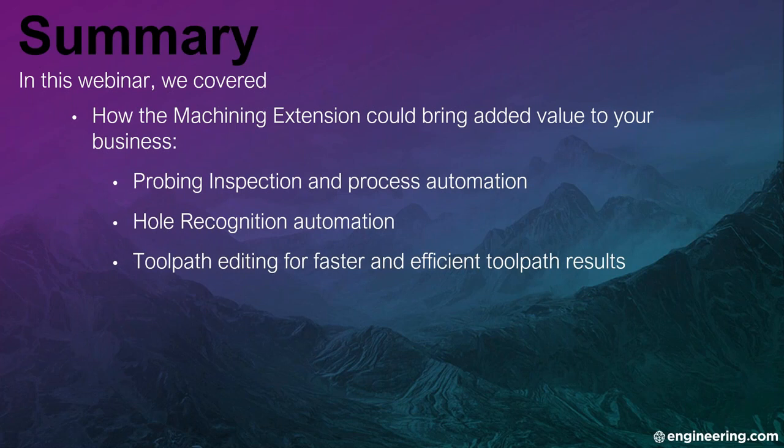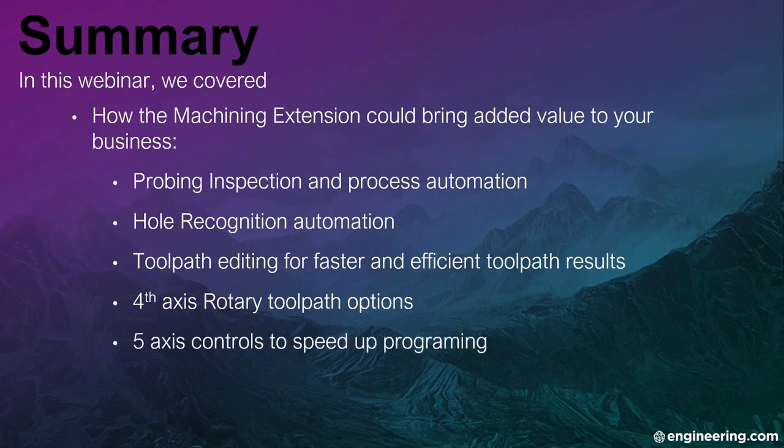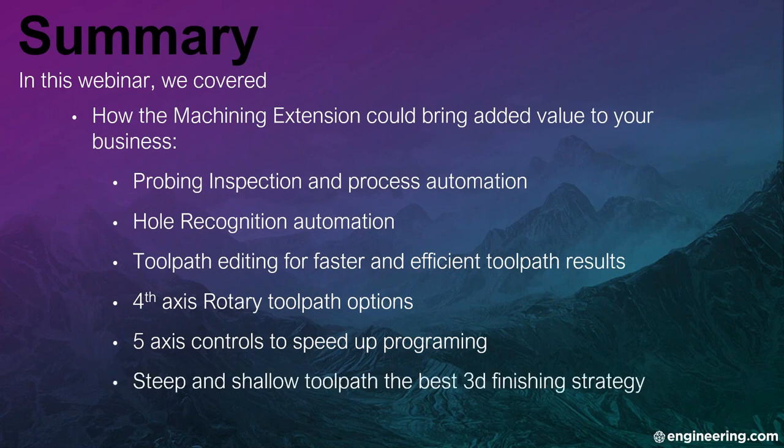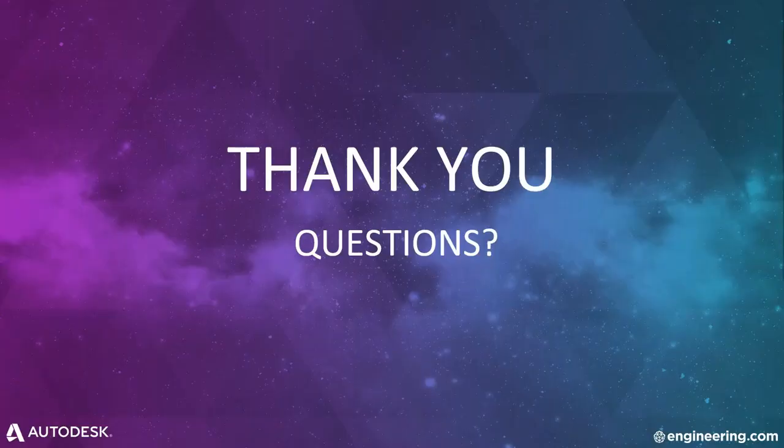I think we all saw that. And then the 4-axis rotary toolpath options, the 5-axis controls to speed up programming with tilt and turn and some of the options that I just showed you. And then last but not least, steep and shallow, which to be honest is the best 3D finishing strategy because it encompasses all those things. With all that being said, we have a few minutes left for questions, so let's take some of those questions.